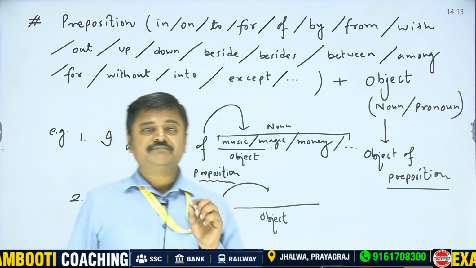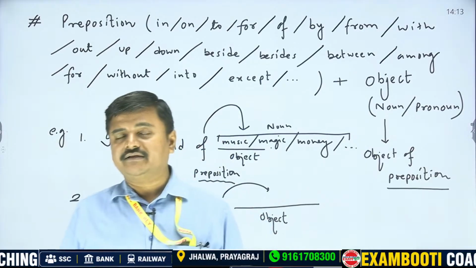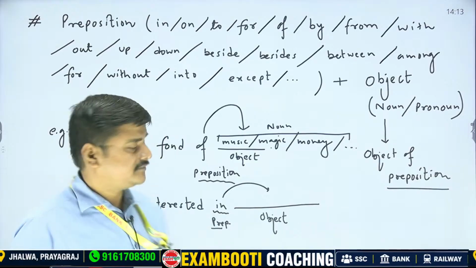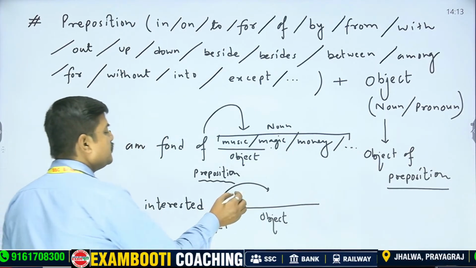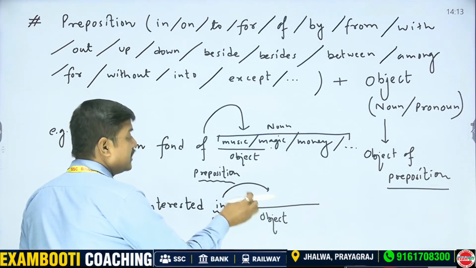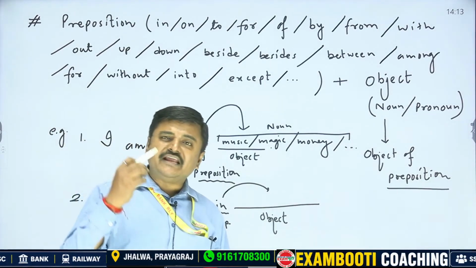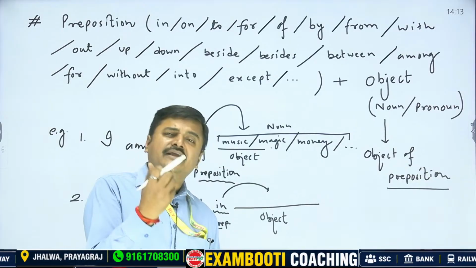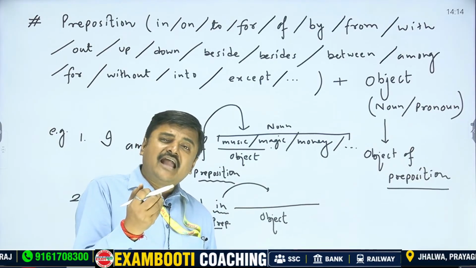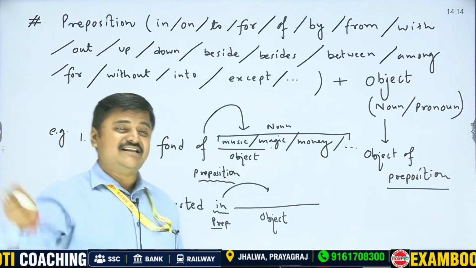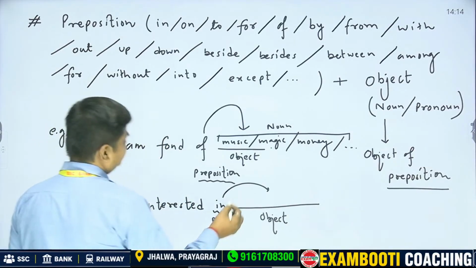And if this place belongs to an object, it means that you are going to use a noun here. And now I am going to fill it with a thing that is actually not a noun, but here will work as a noun. I am interested in reading.